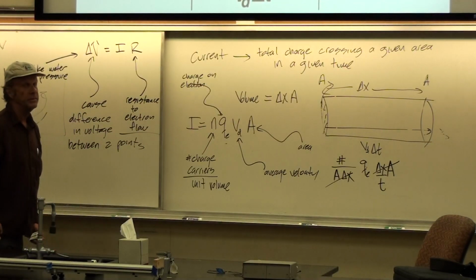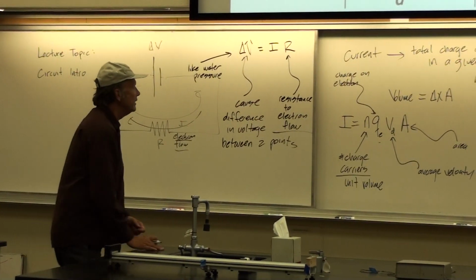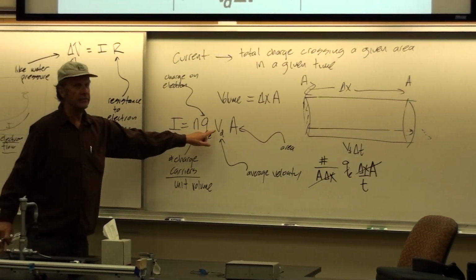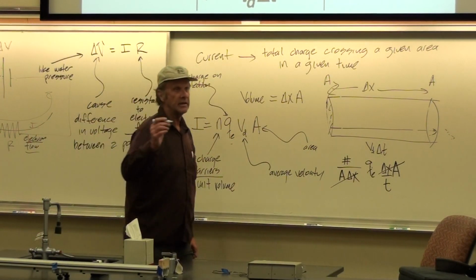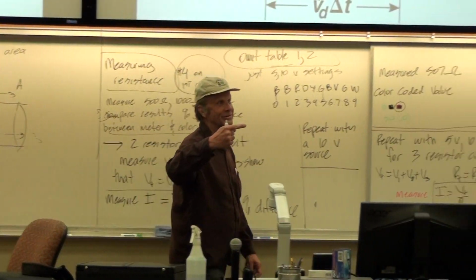And of course, we're assuming here that we have a constant cross-sectional area. So this is a simple expression for the current. We see that the current is directly proportional to the velocity. So we could think of this as being very much like a single charge moving with a certain velocity.